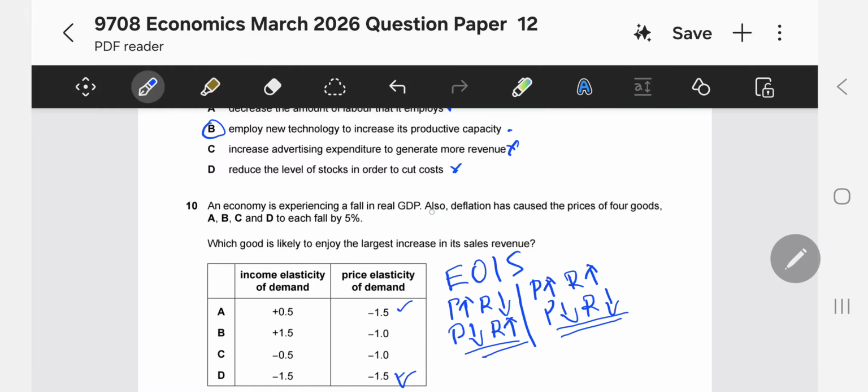So the income elasticity of demand should be negative, and so I think it's going to be D. Income elasticity of demand should be negative for inferior goods, because people are going to buy more, and therefore more revenue is going to be made. And price elasticity of demand should be elastic, so that when the price goes down, the revenue goes up. That's quite easy to see there.